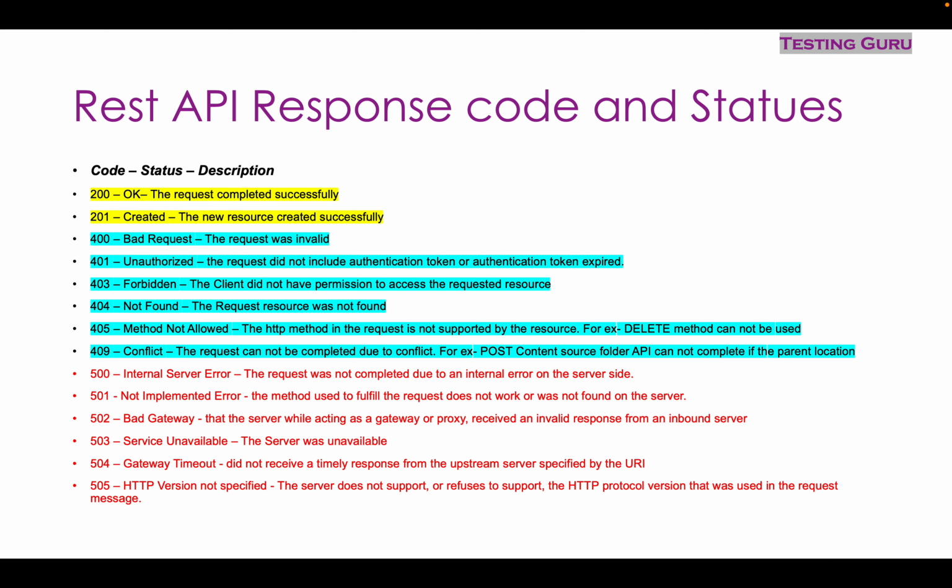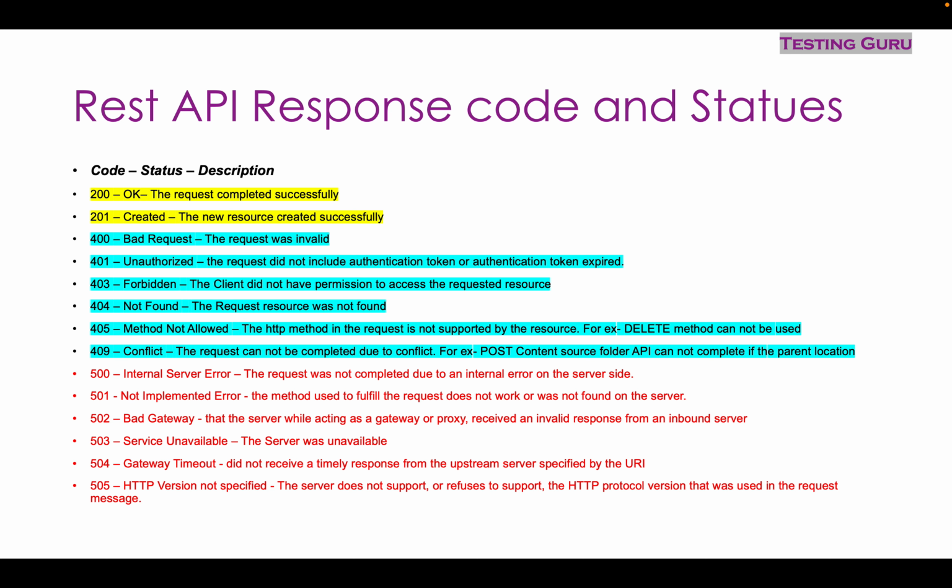And we also get 504 errors, gateway timeout. This error comes when we don't receive a response in a timely manner. So the upstream server, at a specified time, doesn't provide the response. In that case, we usually get this 504 error.